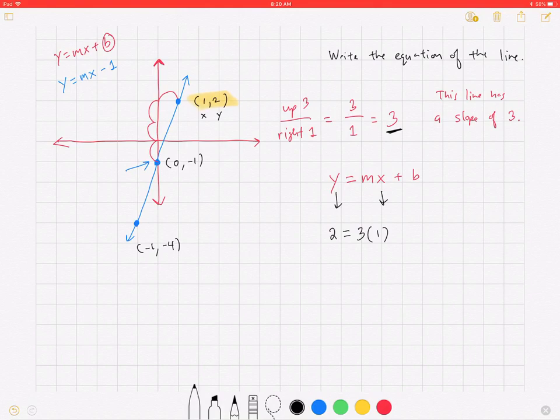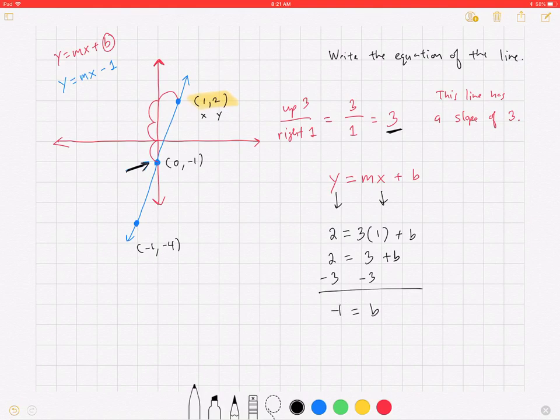I just like positive numbers, and I'm going to solve for b, where it crosses the y-axis. But if you understand, this (0, -1) is where it's going to cross the y-axis, so I know this is going to work out to be b equals -1. But if we go through the math, 2 minus 3 is -1.